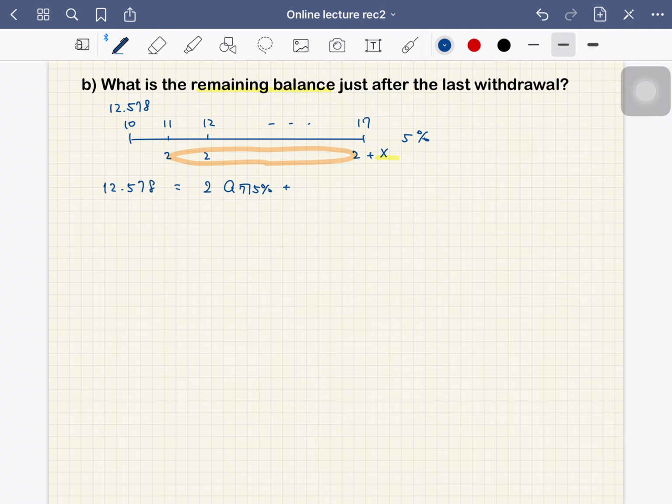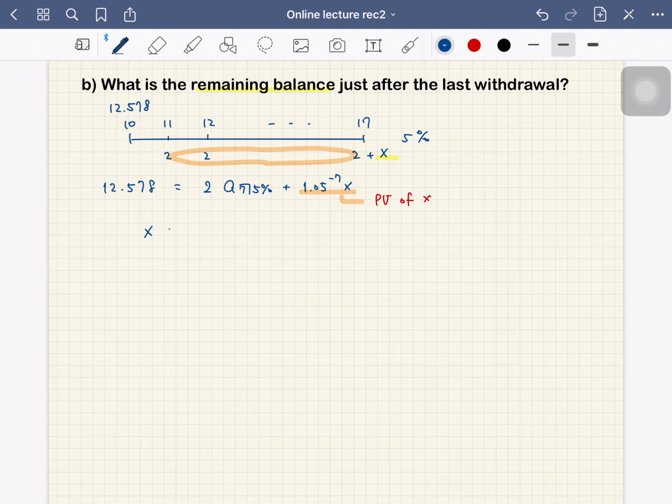So the present value of x is 1.05 to the power negative 7 times x. So you can solve this for x.